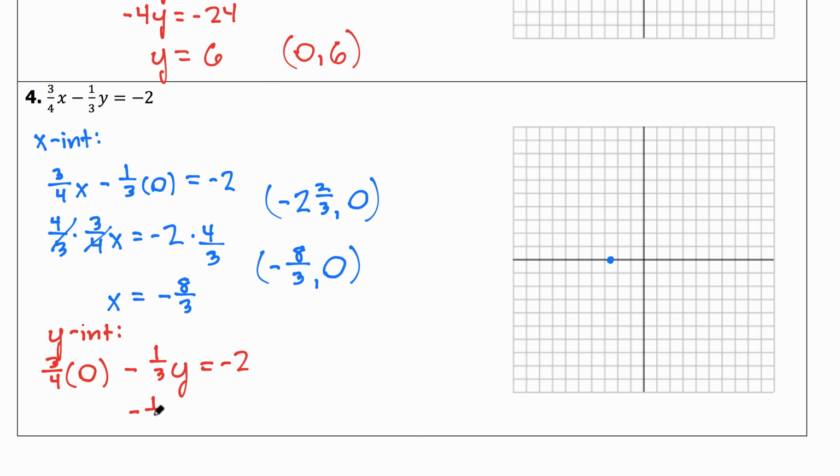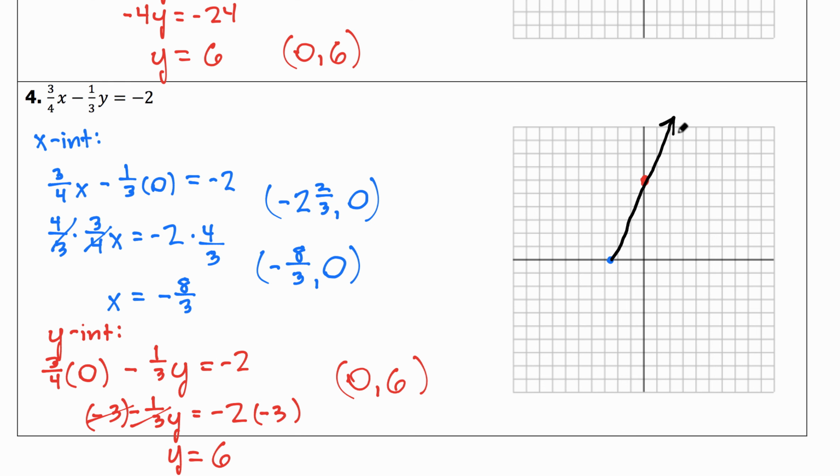So we get negative 1/3 y equals negative 2. We need to multiply by negative 3 to cancel out the negative 1/3. Negative 2 times negative 3 is positive 6. So our y-intercept comes out to be 0, 6, which is here. And this is the graph of our fourth line.